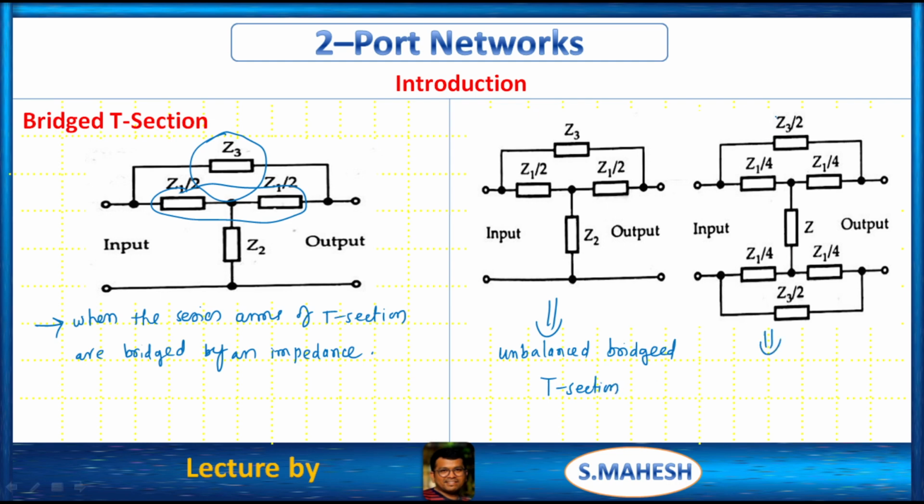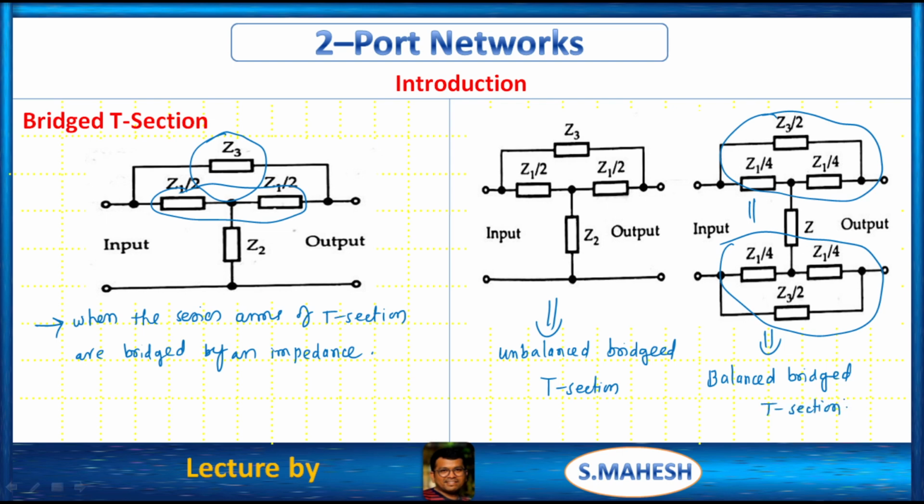See, we have the same amount of impedances in the upper part as well as in the lower part. Both are equal. Therefore, this is balanced bridge T section. That's it. This is bridge T section.